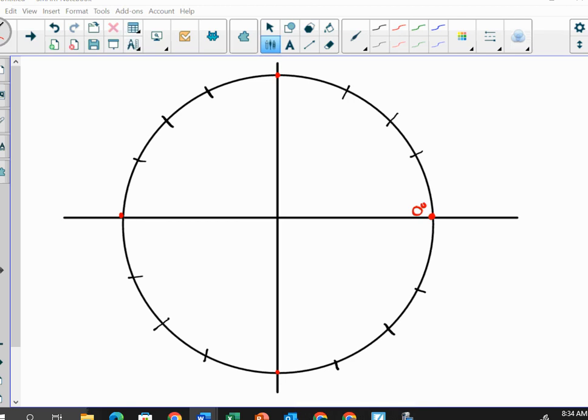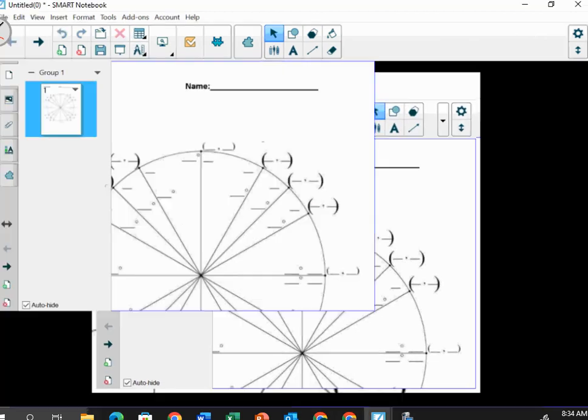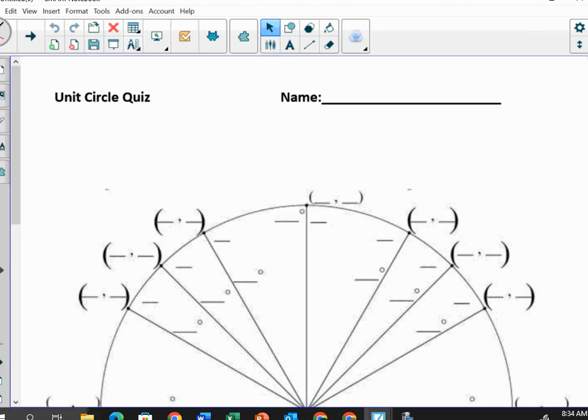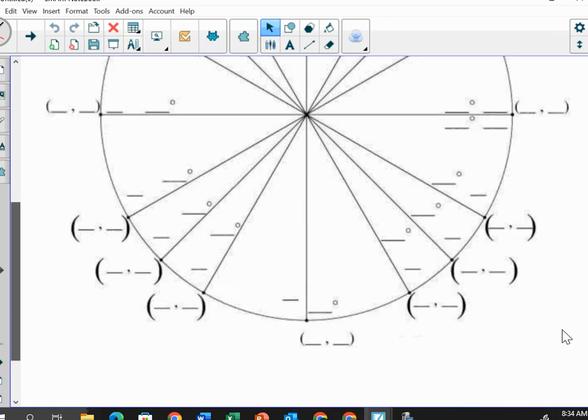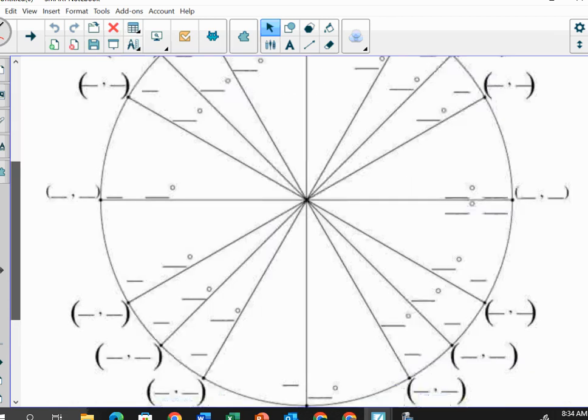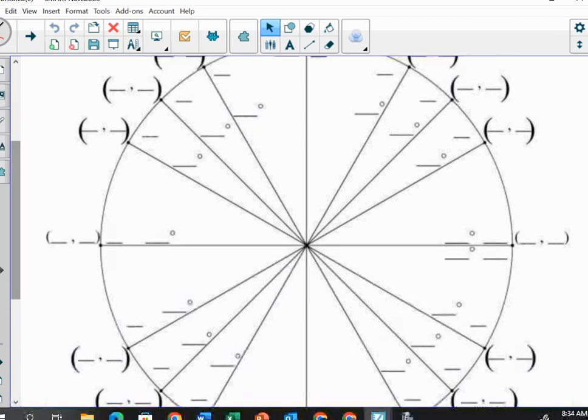It's coming so that you know exactly where I want you to write it. The only thing that's bad about this is you can't see my whole thing all at once, but we'll have it twice.